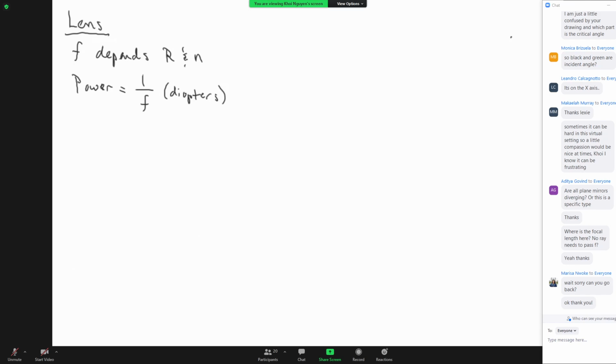So for power of magnification, that's 1 over your focal length. This is how your glasses are measured. If you're myopic, i.e. nearsighted, or hyperopic, i.e. farsighted, you have your prescription given in positive or negative diopters, okay? If you're nearsighted, you're going to have negative diopters. If you're farsighted, you're going to have positive diopters.